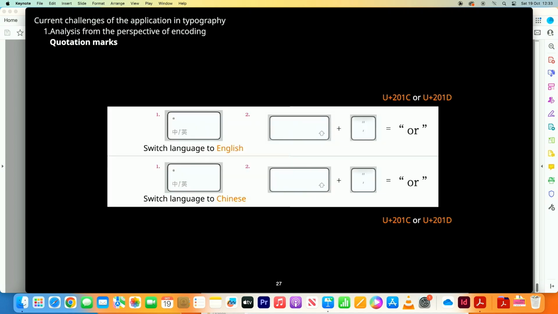But quotation marks share the code point. Let's say you use a font that only has the quotation marks for Latin script, and no matter how much effort you put into switching language, it will just come out the same result. So this is the problem of sharing code point punctuation marks.